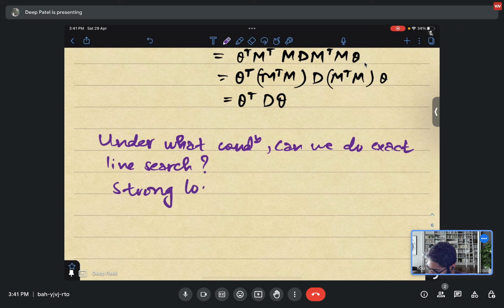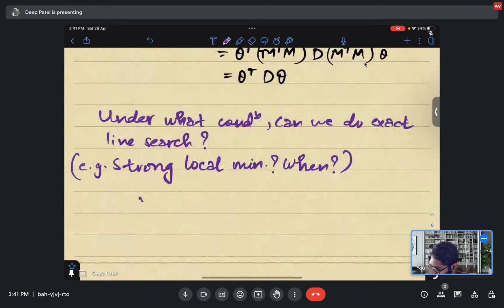When can I get that? The Hessian has to be strictly positive definite, right?